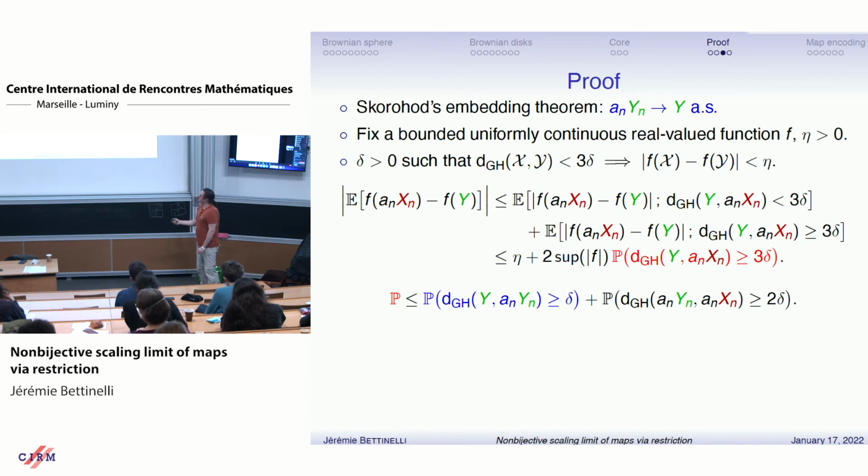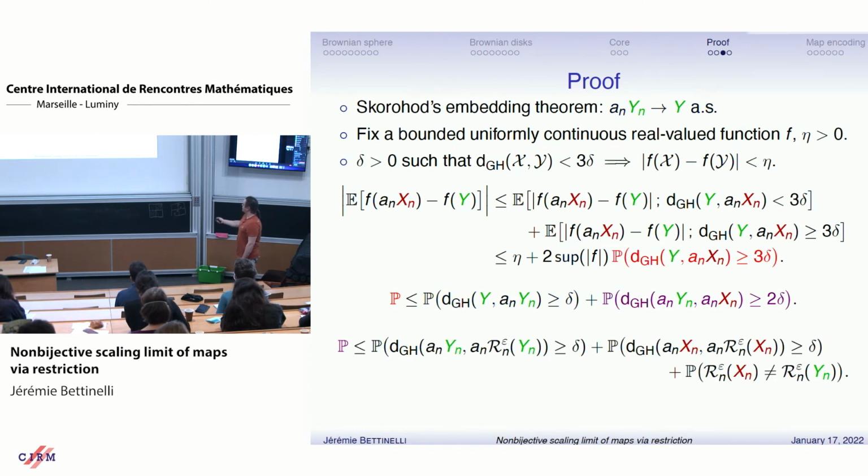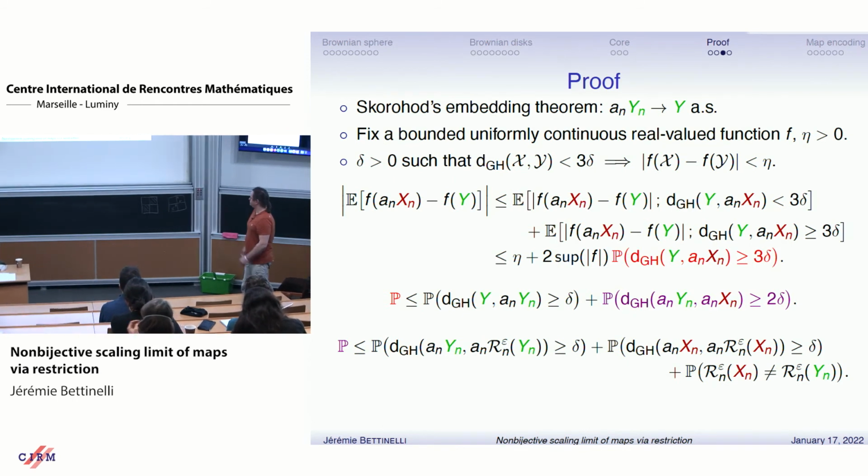And for this one, it's easy because you know that this converges to that one, so you can make it small. And for the other one, you will use the technical estimate.